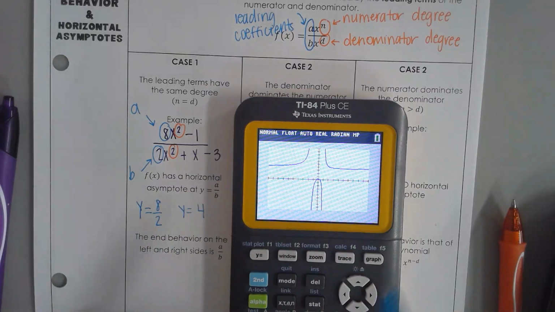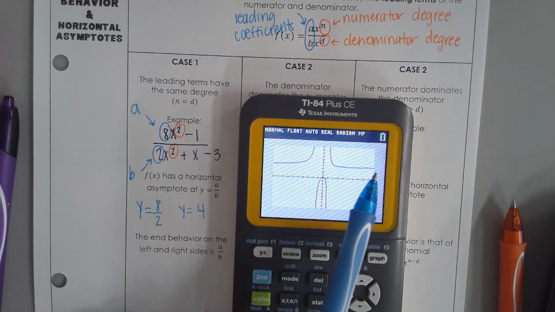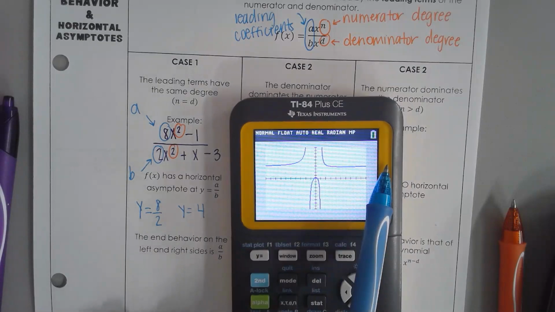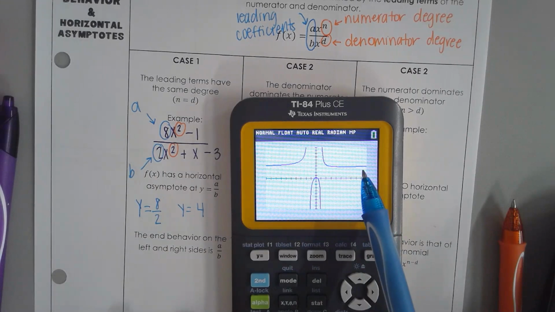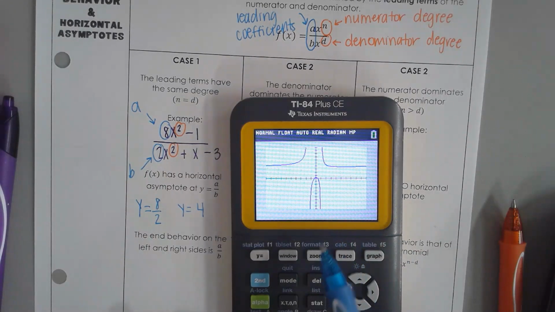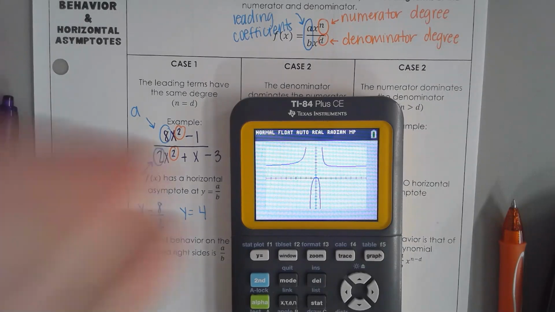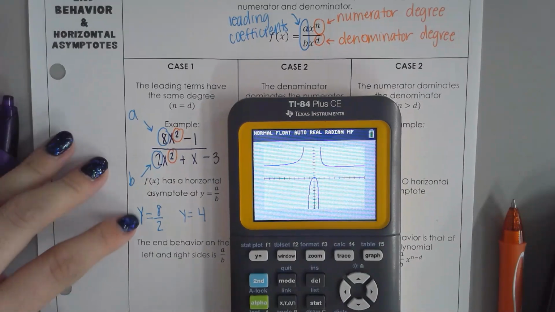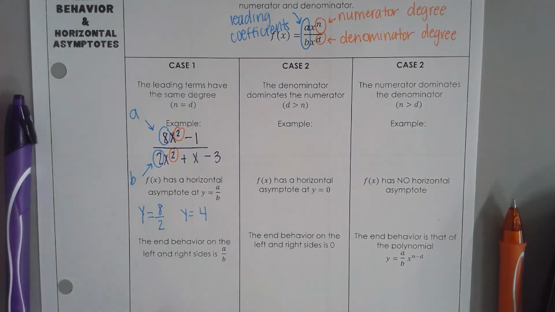So right here at 4, there's an imaginary boundary basically, that these blue lines are not going to ever touch or cross over. So these blue lines will get really, really close to that number. It'll be so close that if you were looking at a calculator, it would even look like it touched it, because the calculator is only so good. But an asymptote means it really doesn't actually cross over that y equals 4.